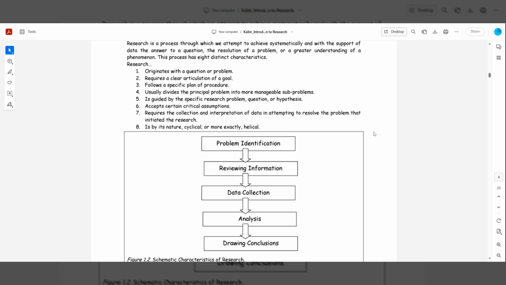And then good research collects and interprets the data where you're attempting to solve the problem. So in our example, we can say that Facebook is the greatest source of disinformation based on the criteria that I set, or it isn't based on the criteria I set.